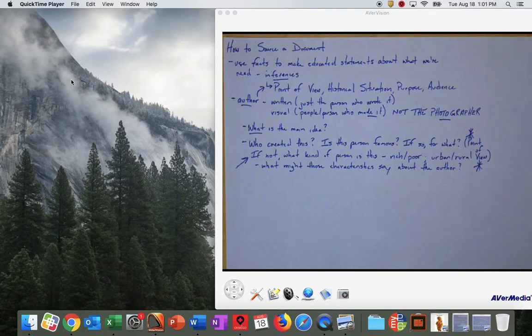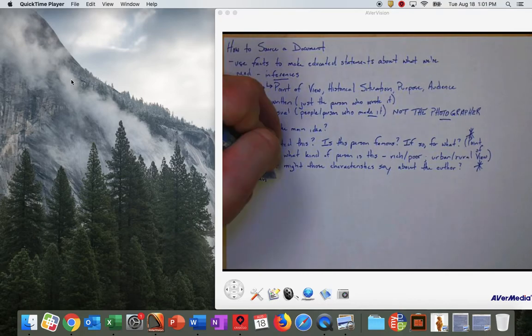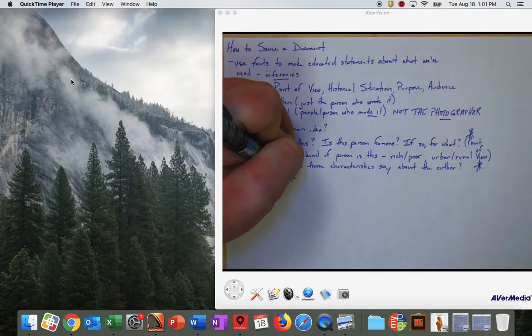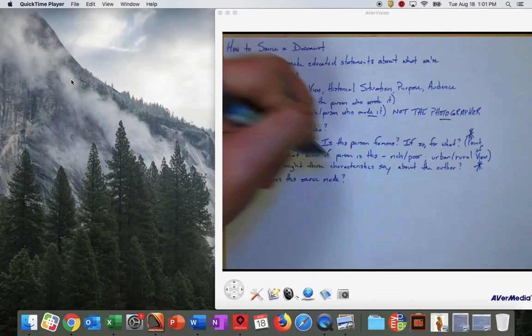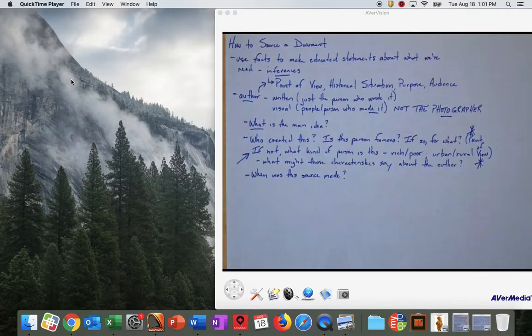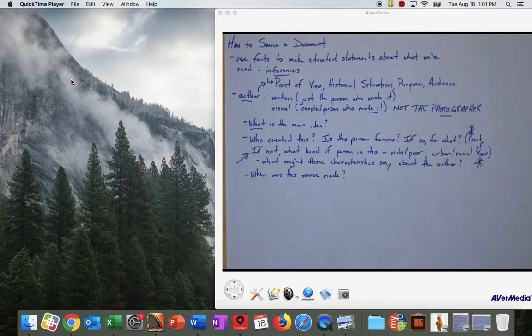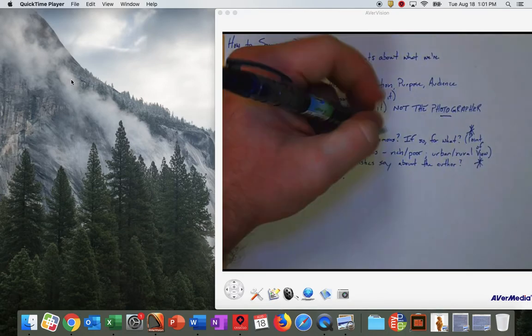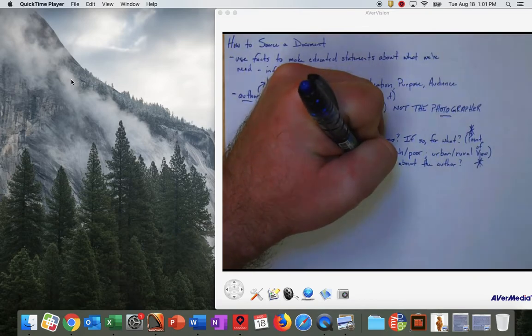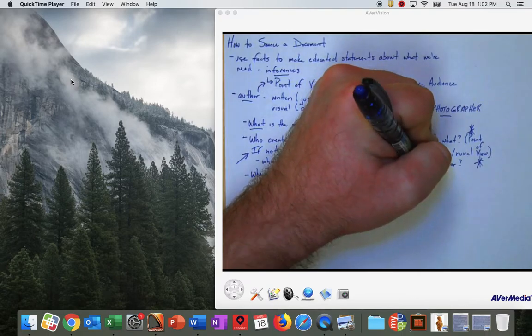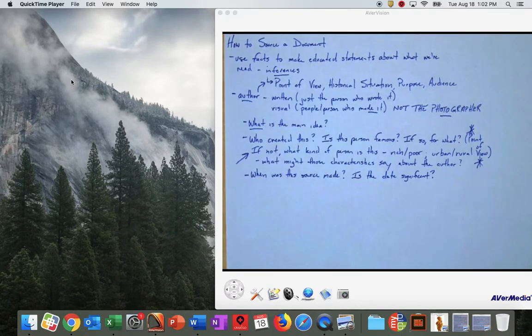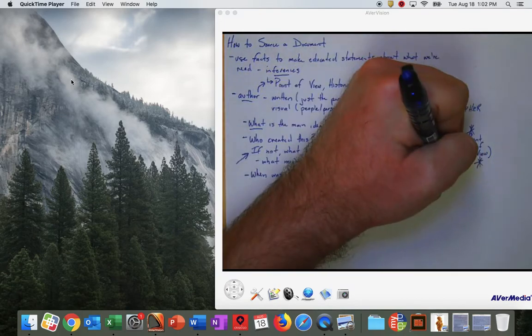Okay, next one. When was this document or this thing created? When was this source made? And again, just like with the who, I don't want to know just the date. The date is maybe 5% of this. Is the date significant? If so, for what?